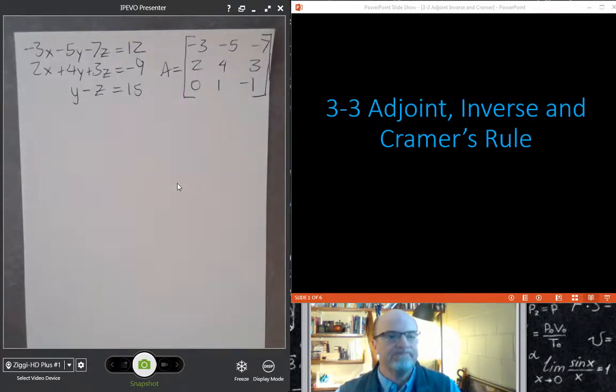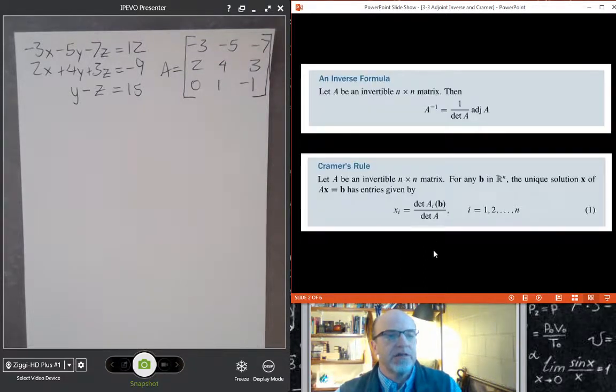But here we go. We are in section 3, and we are talking about adjoint, inverse, and Cramer's rule. And let's get to it. There are two of the definitions that we're going to start with.